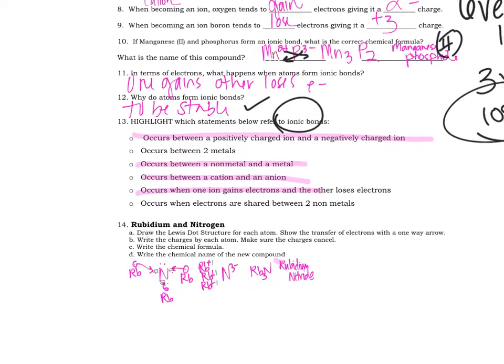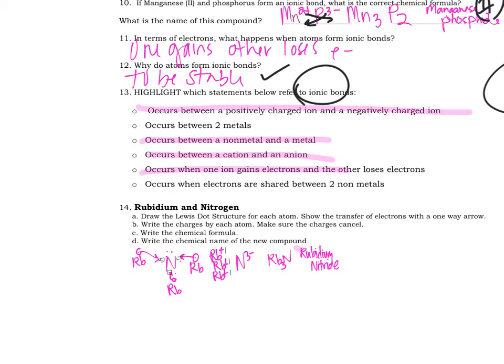Once that happens, if you take a look, my charges do cancel out. I used 3 atoms of rubidium, so I'm going to write it as Rb3, and then I only have 1 atom of nitrogen, so Rb3N. So rubidium nitride. Remember, the anion, drop the ending, add -ide.